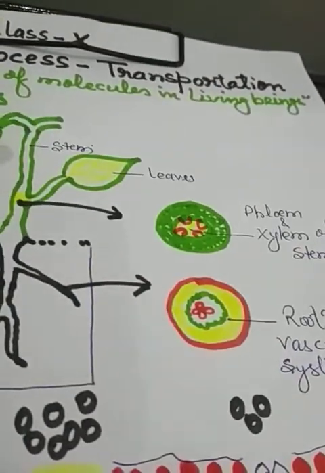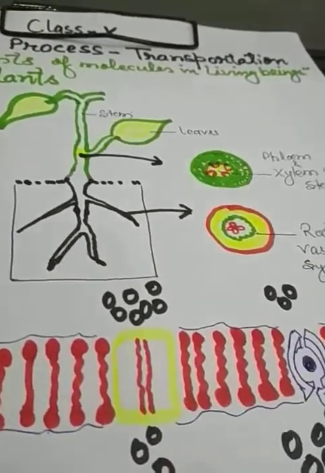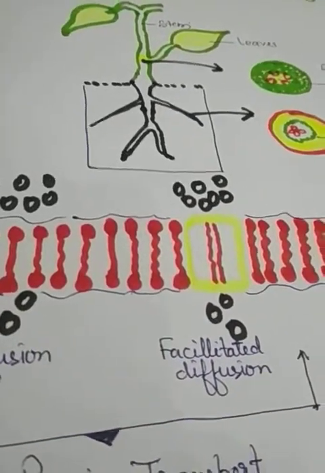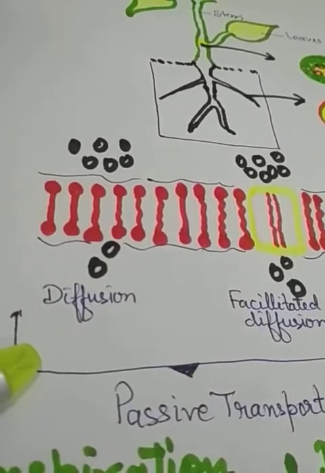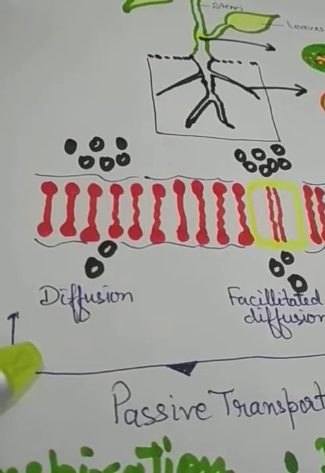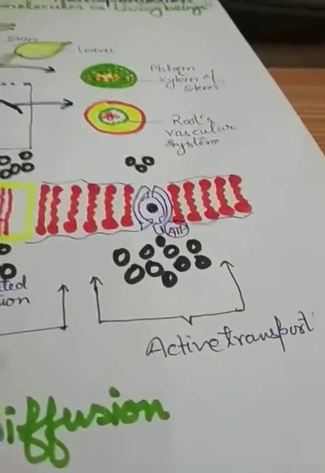Before going into detail about xylem and phloem, you have to know that there are two types of transportation in living beings, called passive transport and active transport.